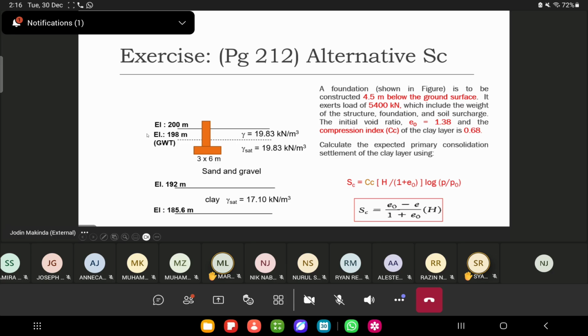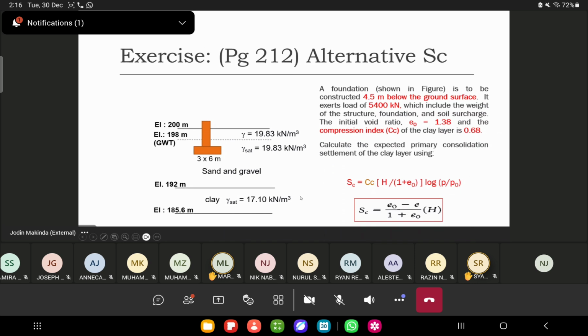You can see that there are several layers: clay, sand, and gravel. And also you have a foundation constructed at a depth of 4.5 meters below the ground.